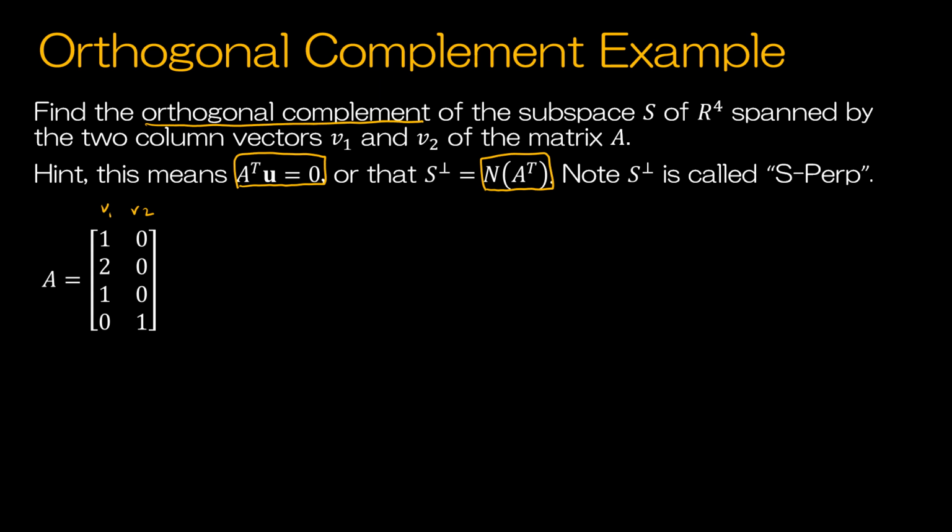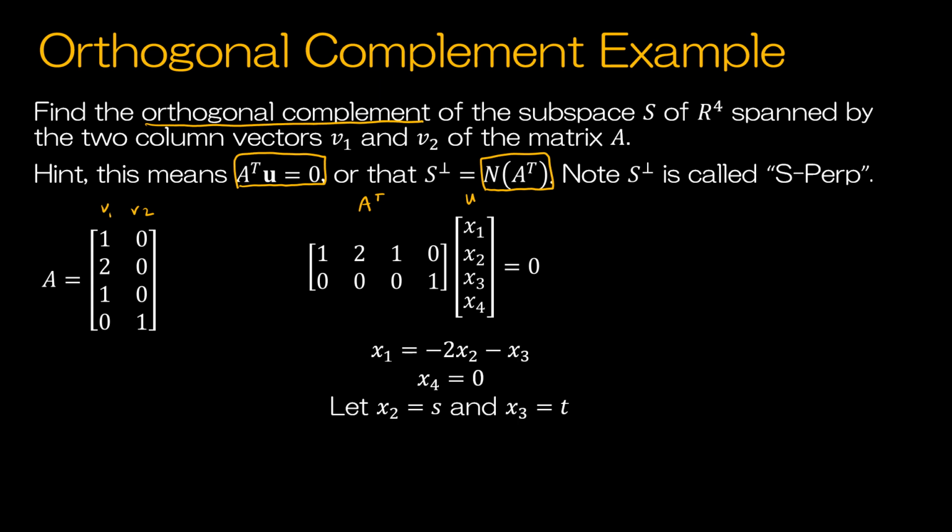So here's how we're going to figure this out. Here's A, with V1 and V2. We did A transpose, which is turning rows into columns and columns into rows. A transpose times U has to be equal to 0. That means we're really looking for the null space of A transpose. So how do we do this?